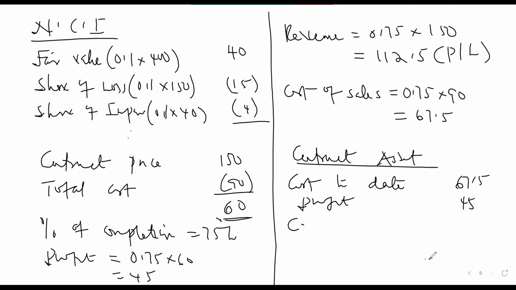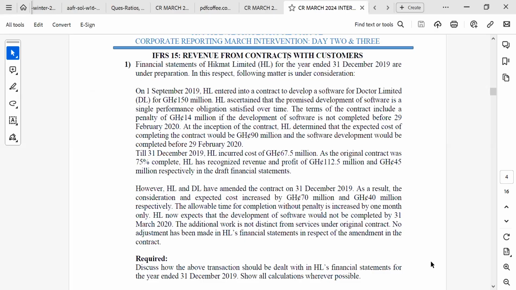Then you ask yourself, is there any cash received? Then you take the cash received from it, maybe 40, and the remaining will be the contract assets. All right, so let's now come here. They will have a contract asset of 11.25. Let's move on. However, HL and DL have amended the contract on 31 December 2019.